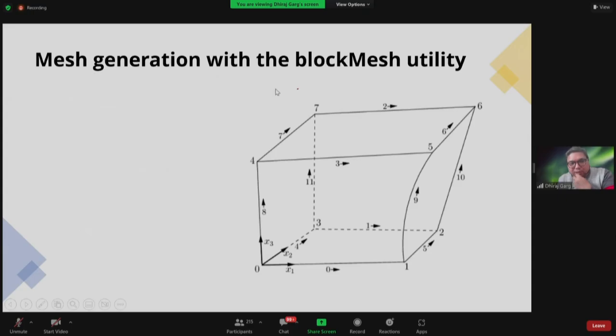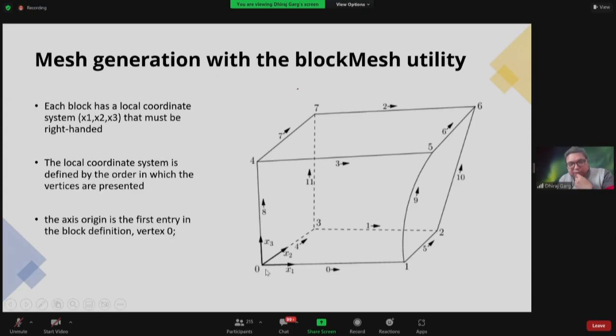So in the block mesh generation, as I said, the point 0 is taken as the origin. Then the first point is in the positive x direction. The second point is in the positive y direction, then x3 and back. And then similarly for 4, 5, 6, 7. So you can see here that this edge 9 is curved, whereas the edge 10 is a straight line. Normally it should have been a straight line, but you can actually make it arc type also.